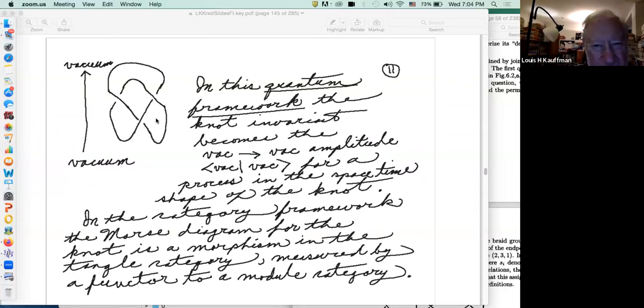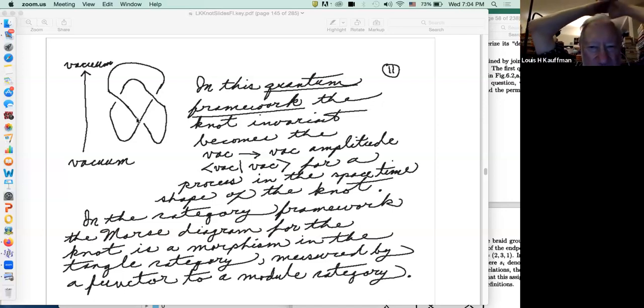Matrix for the caps, matrix for the cups, matrix for the interactions. We add it up and sum, just like Yang would, and we will get an amplitude for going from the vacuum to the vacuum in that form, and that's going to be a knot invariant if we have the Yang-Baxter equation and some other equations interrelating the caps and the cups with the R's.